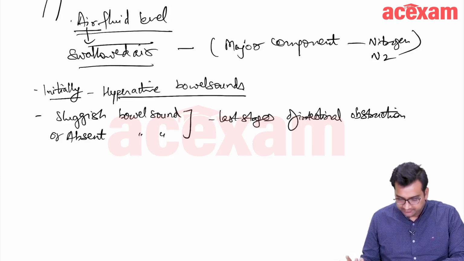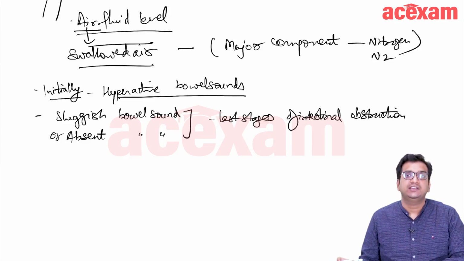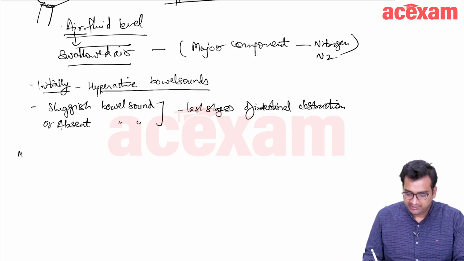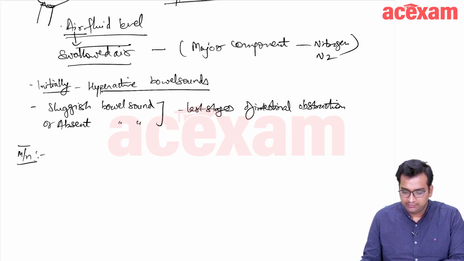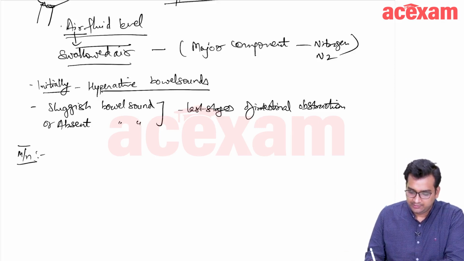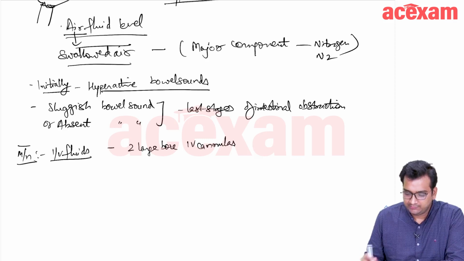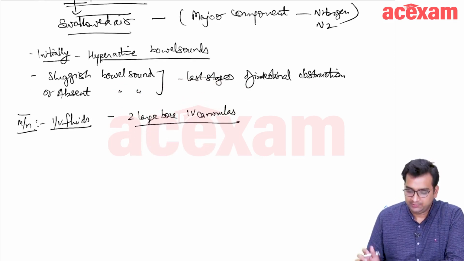Now, we have diagnosed the patient as intestinal obstruction, and now we are going to manage this patient. In management, initially we are going to give IV fluids. We are going to place 2 large bore IV cannulas and give IV fluids to this patient.